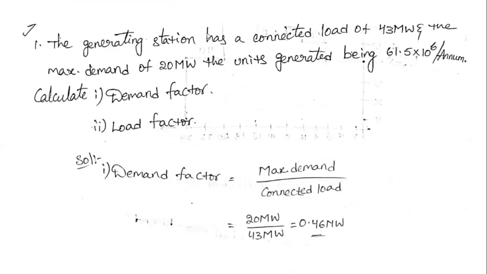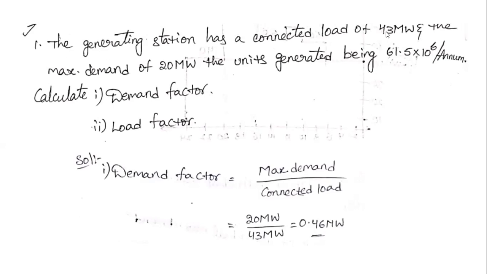Next, coming to the problems on economical aspects of power generation. First, the first problem. The generating station has a connected load of 43 megawatts and a maximum demand of 20 megawatts.